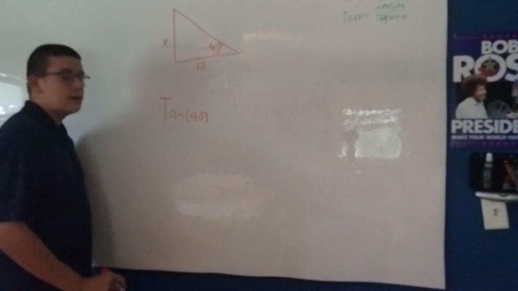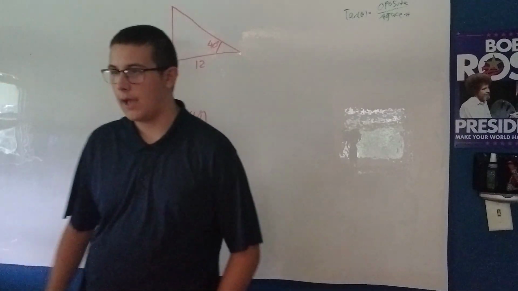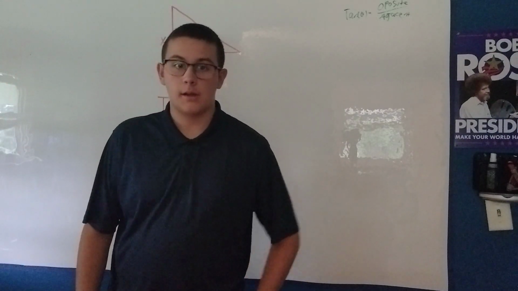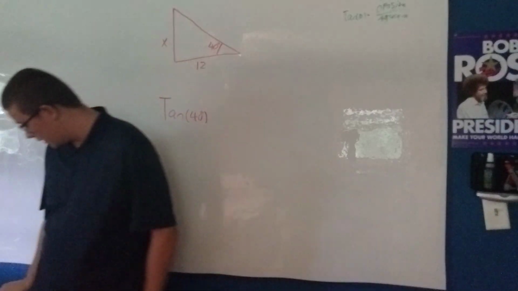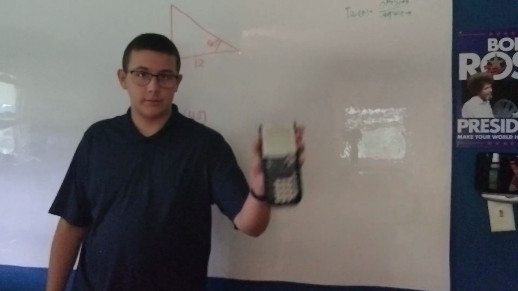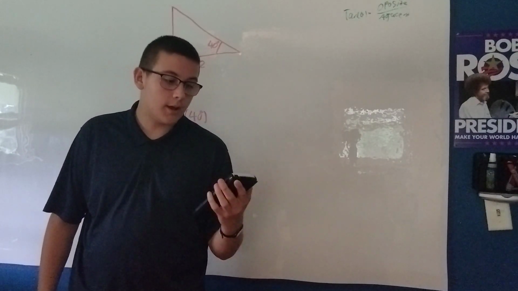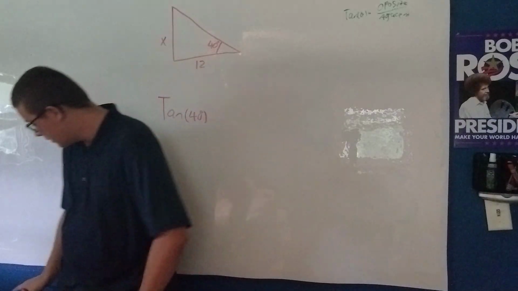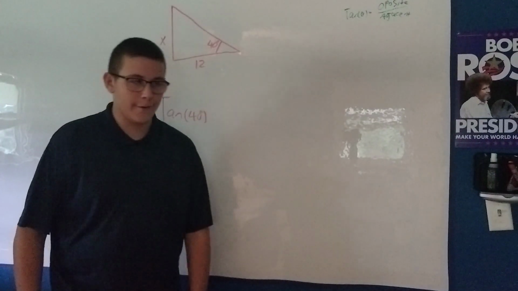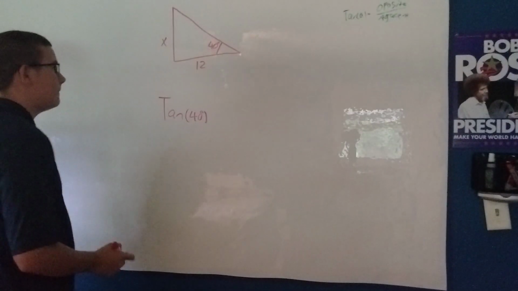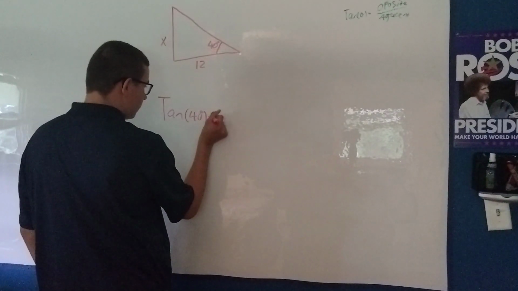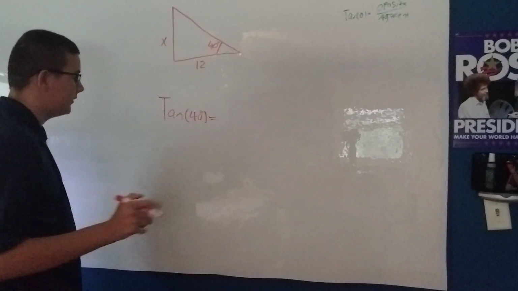When plugging this into your calculator, and I'll say this again later, make sure your calculator is in degrees. I know most of these TI-84s come preset to radian, because radian is far superior to degrees. But regardless, I'll show you how to do that here in a second.